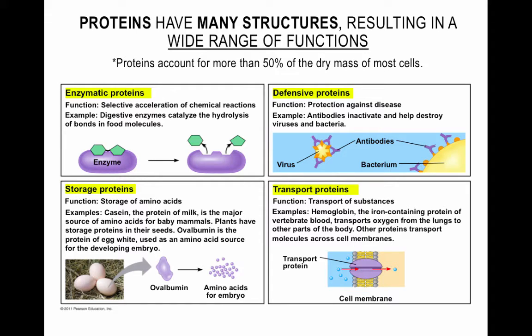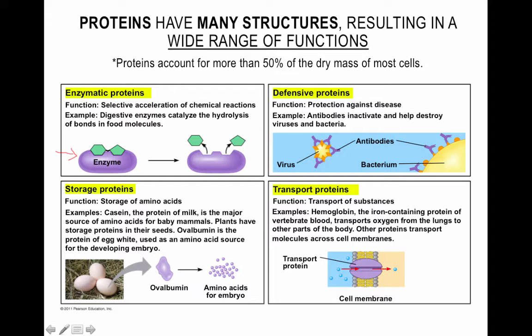As mentioned previously, most enzymes are proteins, and they facilitate chemical reactions. In this illustration, we can see the enzyme is shown in purple, and it has a specific shape on its surface called the active site, where it will bind to complementary molecules called substrates.